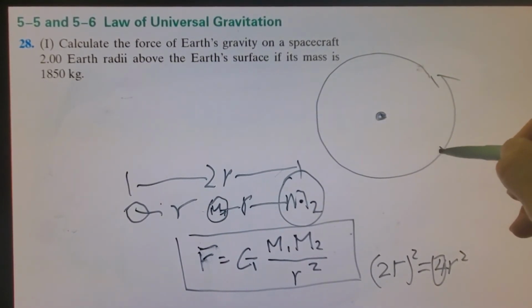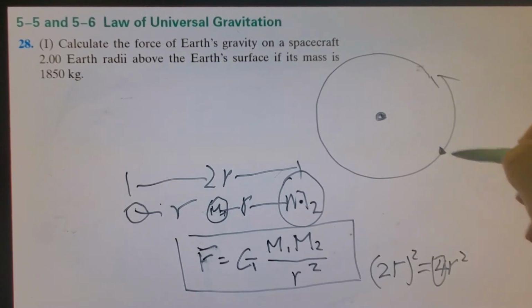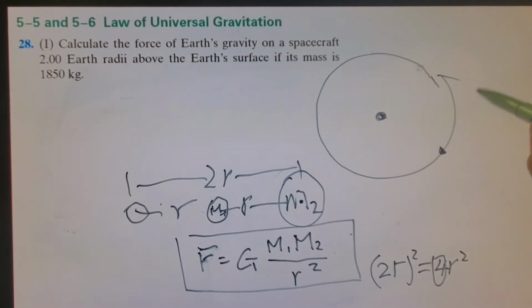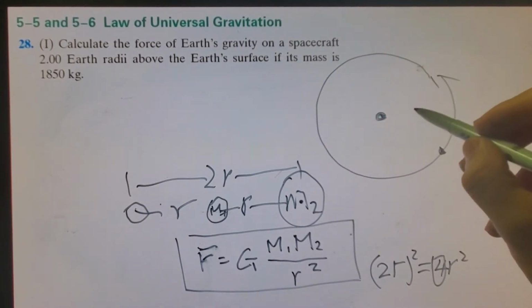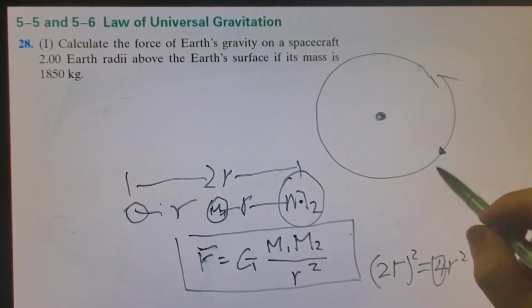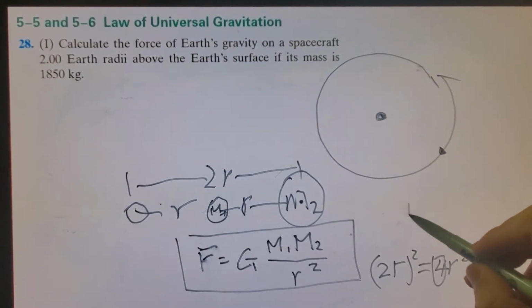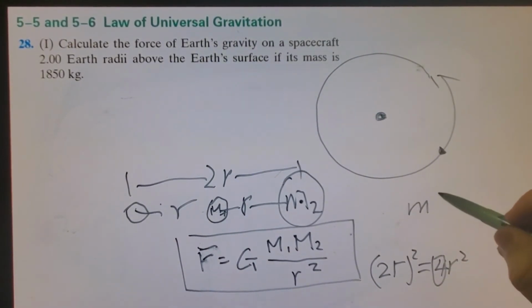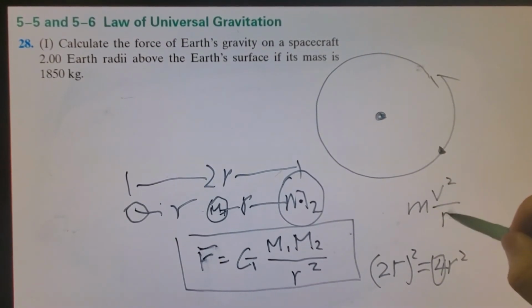There is a gravity force pulling it in, and when that gravity is equal to the centripetal force, the satellite can go forever without being pulled onto the Earth. So when would that happen? That means this force is equal to the centripetal force, which is equal to m times v squared divided by r.